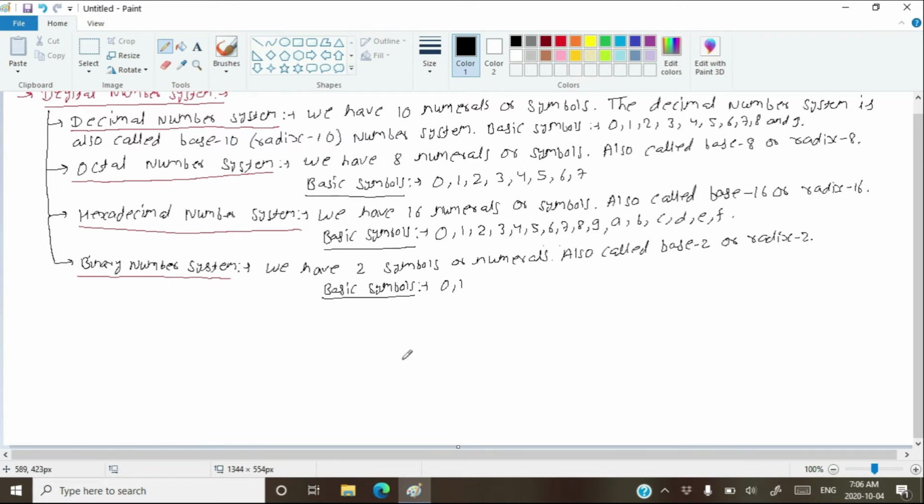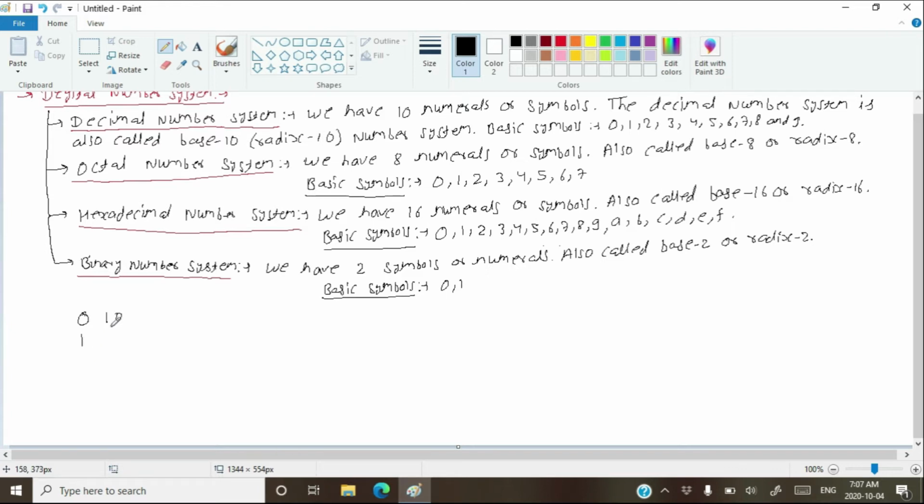Okay. Now let's count in binary number system. And counting in the binary number system is actually quite interesting. You start the counting with basic symbols. You start with 0, then you go to 1. After going up to 1, you have exhausted all your basic symbols. So you start repeating your symbols just after 1, and you go to 10.